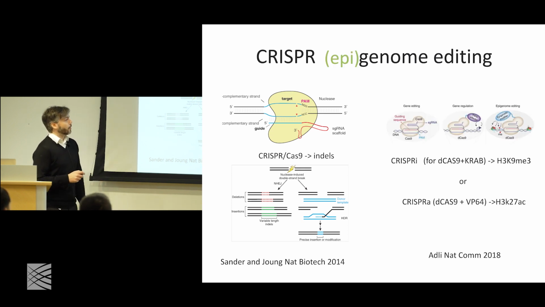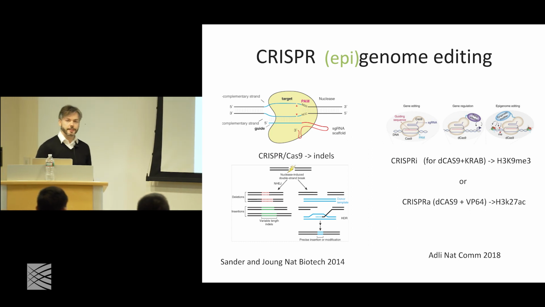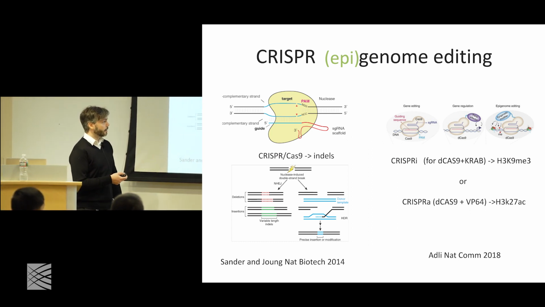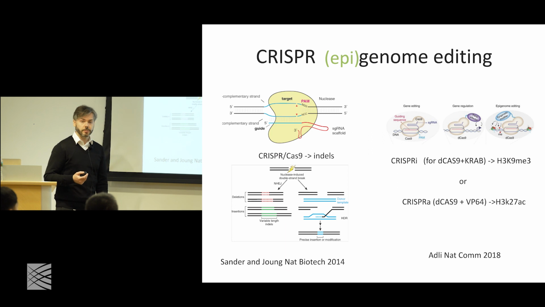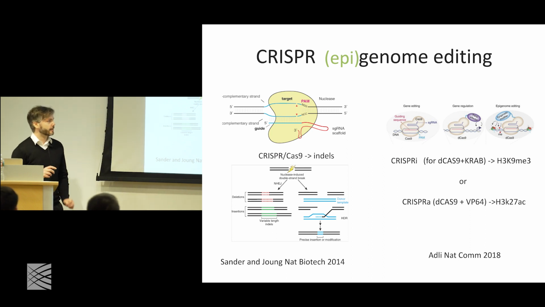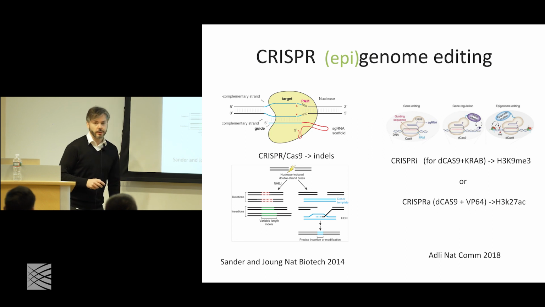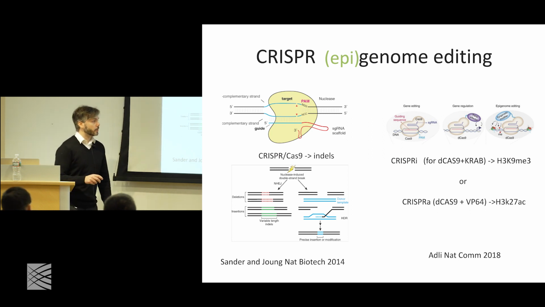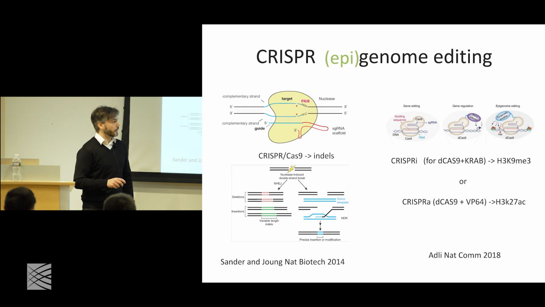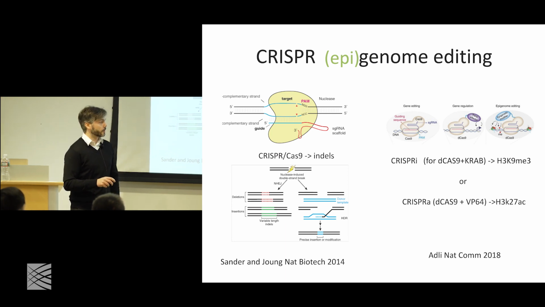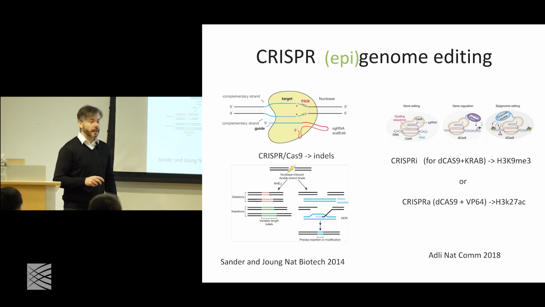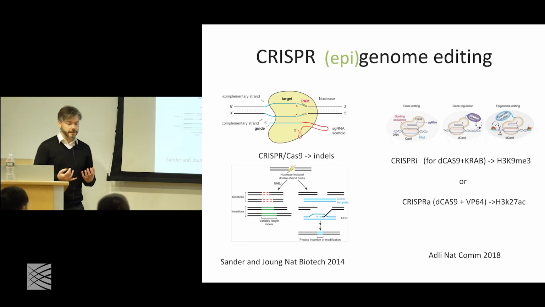On the other hand, people have modified this system so you can not just edit the genome, but also the epigenome. The key idea is that you can create a disabled or dead version of Cas9, so it cannot cut, and then you fuse it to particular regulators. For example, you can create a chromatin repressor by fusing Cas9 with KRAB.